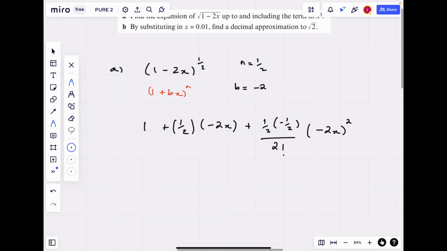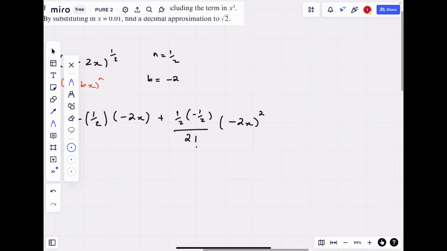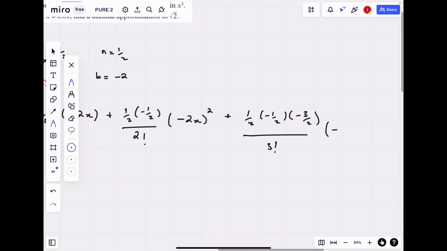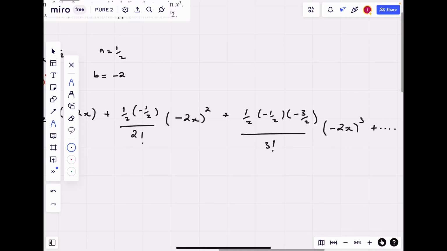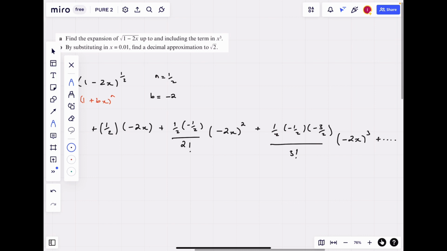Next we're going to do n times (n minus 1) times (n minus 2) all over 3 factorial, and then bx to the power of 3, plus blah blah blah. Our question wants up to and including the x cubed term, which is that last one we just wrote.